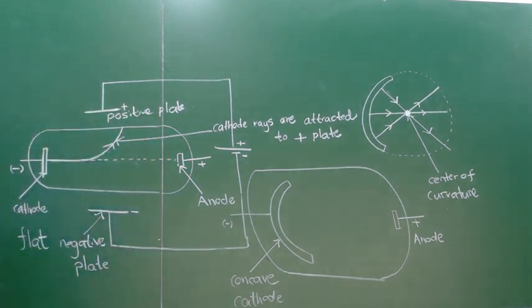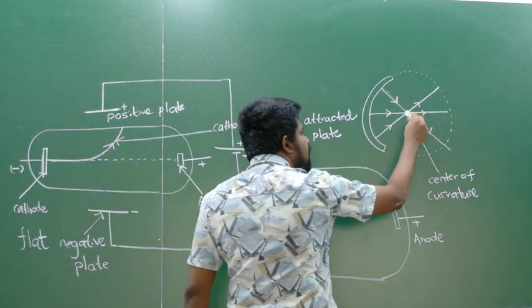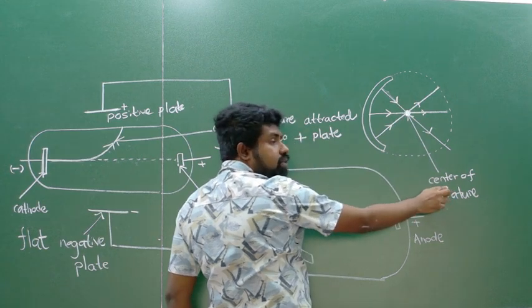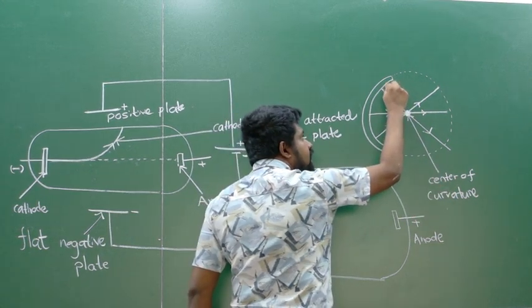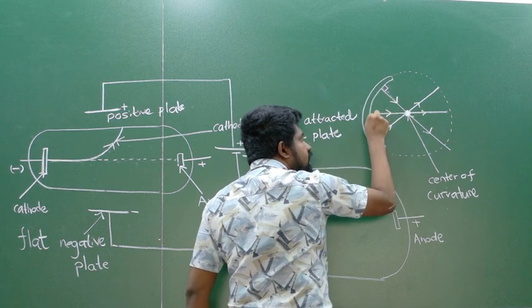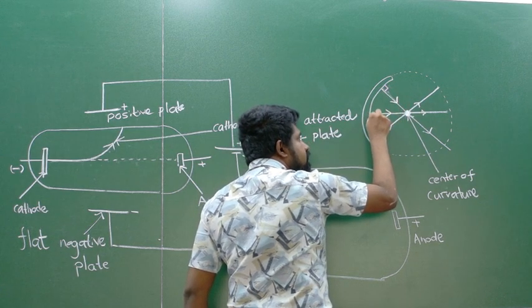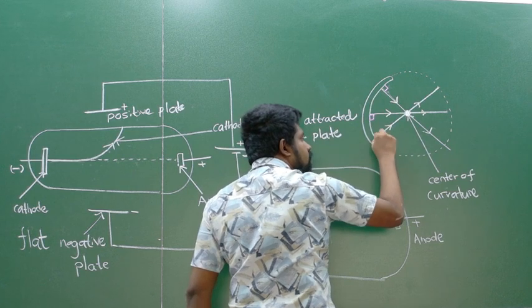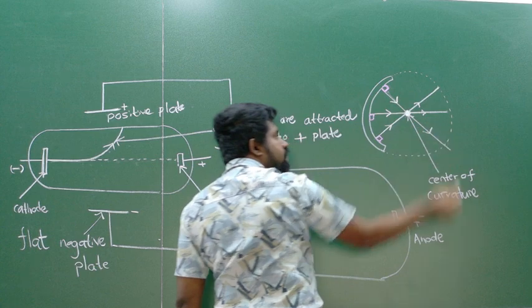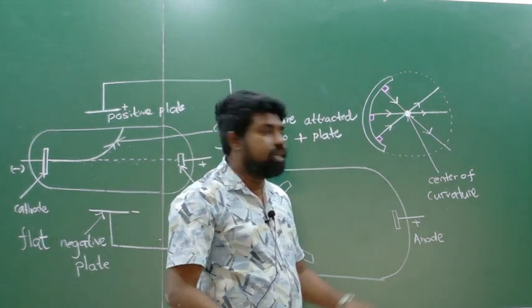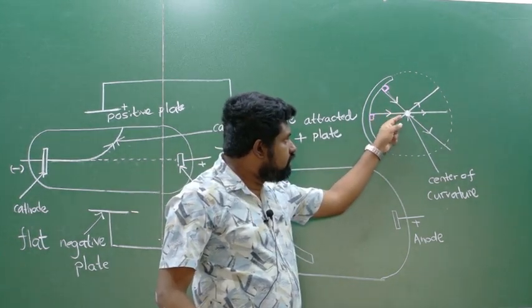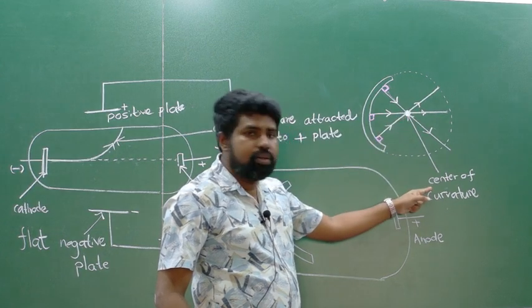So if this happens, the radiations converge into the center of curvature only if they are originated perpendicular to the surface of the cathode. Only then do they get converged into one point, that is the center of curvature.